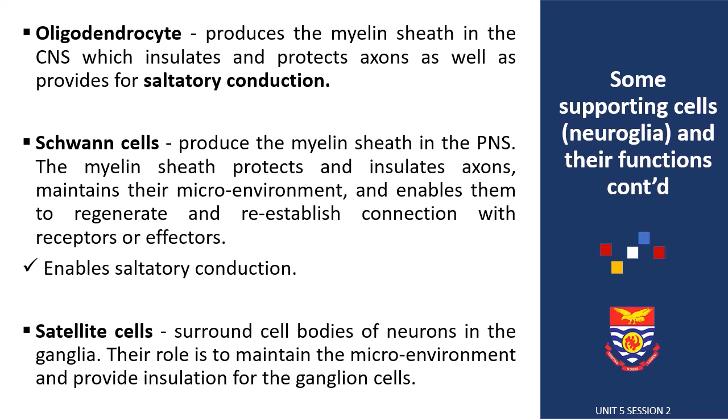They also enable saltatory conduction, just like the oligodendrocytes. The satellite cells surround cell bodies of neurons in ganglia, and their function is to maintain the microenvironment and provide insulation for the ganglion cells.